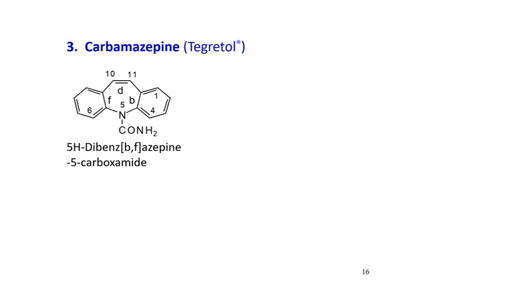Carbamazepine, as you can see, is a three-ring fused system derivative. It is a dibenzoazepine structure. You can recognize this well, having a 5-carboxamide function. That's to say the nitrogen on position number 5 of the structure is involved in a carbamate bond to have this carboxamido function.